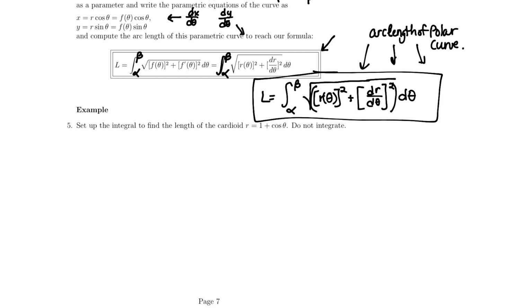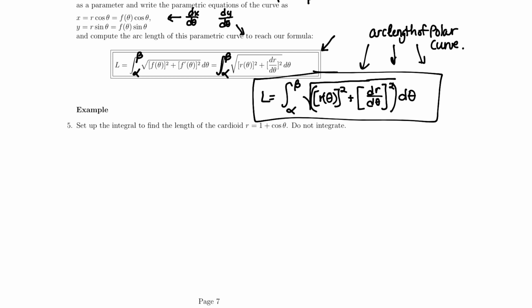If I go over to Desmos, we're going to do r equals 1 plus cosine of theta. I'm going to type this into Desmos. Do you guys see this? It's this heart shape, right? But Desmos tells me, right here underneath the function, it's really faint, but it tells me how long it takes to get around this entire curve.